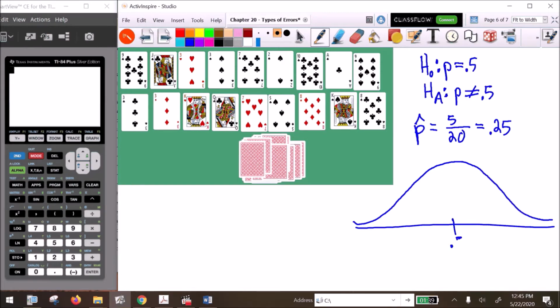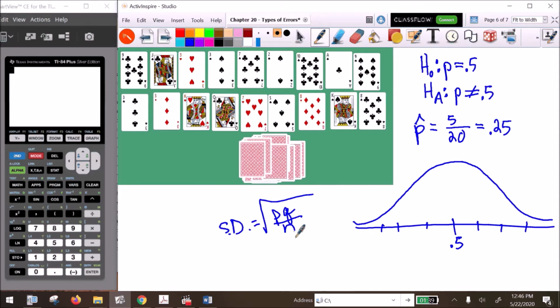Our null hypothesis was that 50% of them should be red, and then we count 3 standard deviations in each direction based off our standard deviation formula for estimating P hat, and that is the square root of P times Q over N, and then we're going to plot our p hat on there and calculate the p-value.